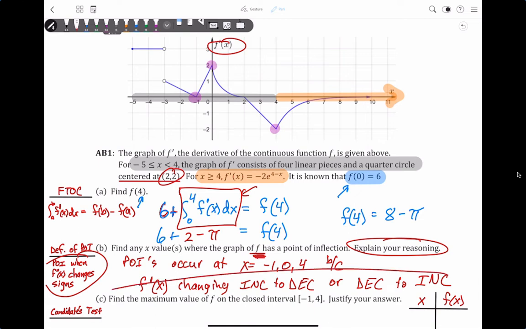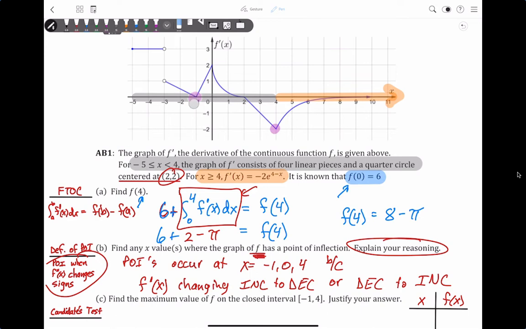Again, remember, this is the same as saying that the f double prime changes signs from positive to negative or negative to positive. But I just chose to write it like this because I was given f prime. Remember, use all that you're given in its best context, okay?